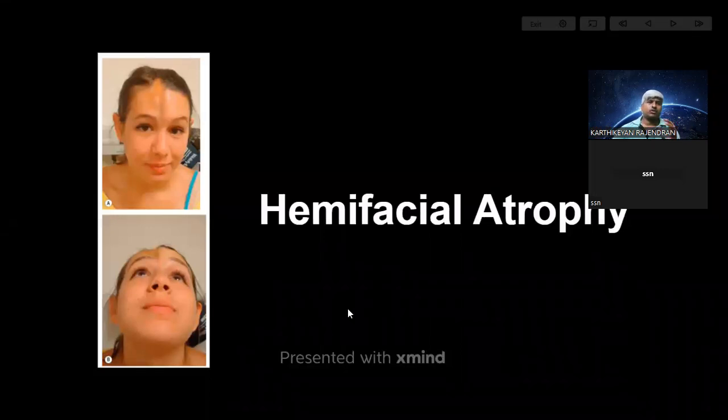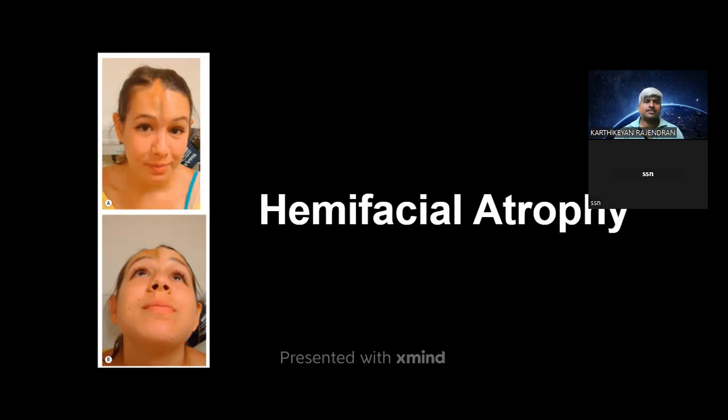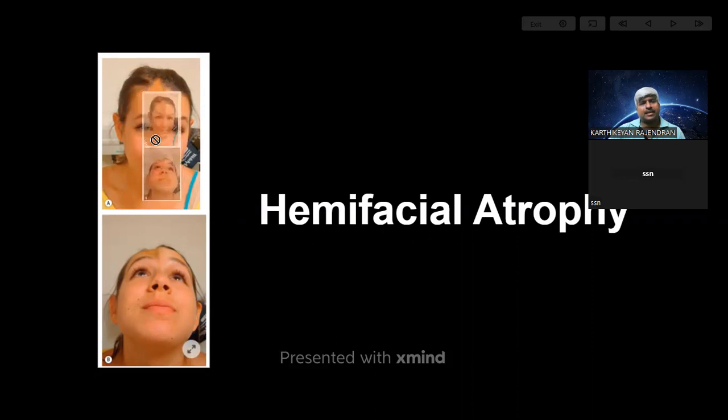So, this picture shows the clinical features of hemifacial atrophy. See, this patient is having atrophy over the midline, that is depressed bones and atrophied subcutaneous tissue, and the skin is somewhat hyperpigmented.